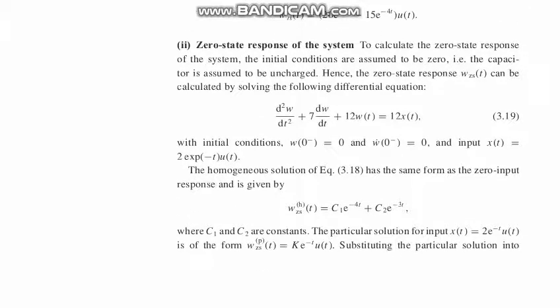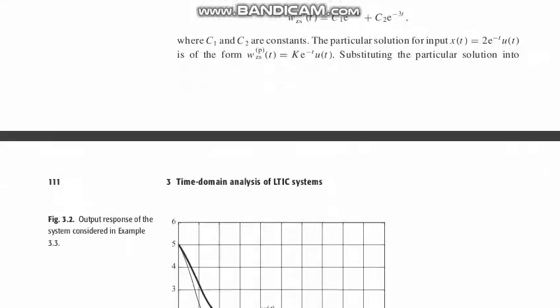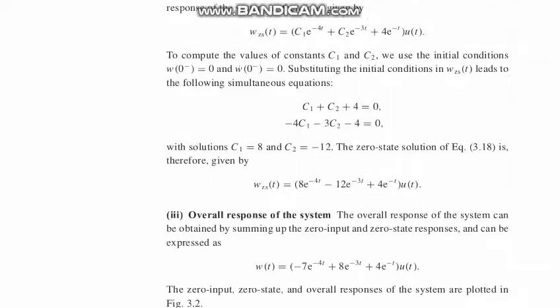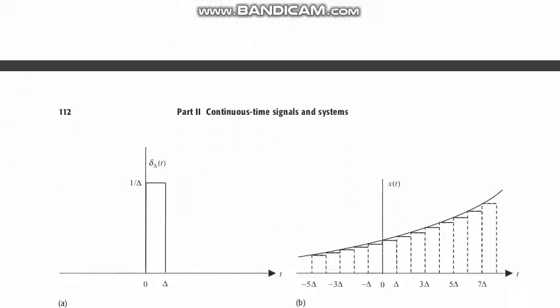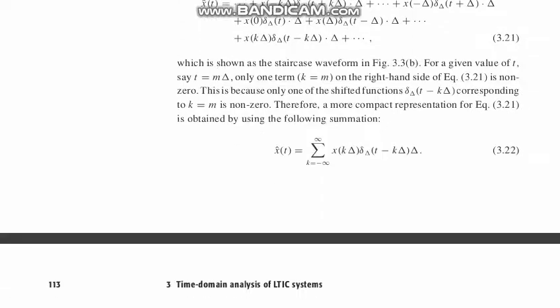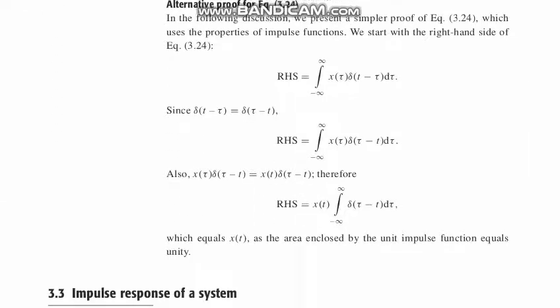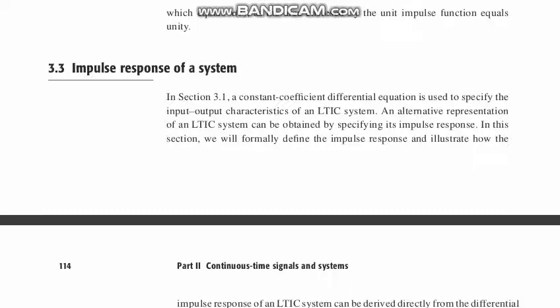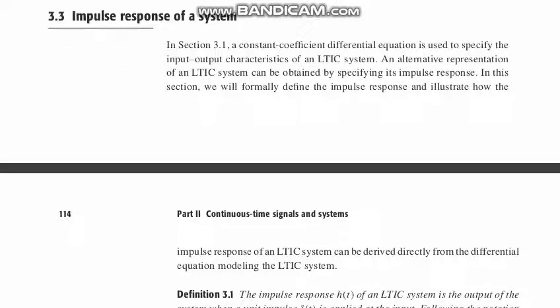That means linear, the property of homogeneity and also additivity, and last of all the time invariance property. There is another thing: if you use the impulse response of a system, a constant coefficient differential equation is used to specify the input output characteristics of an LTI system.